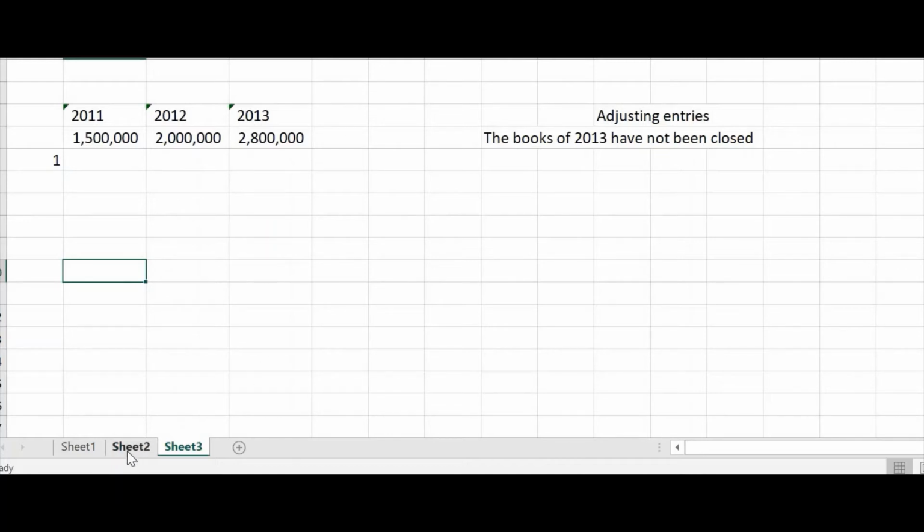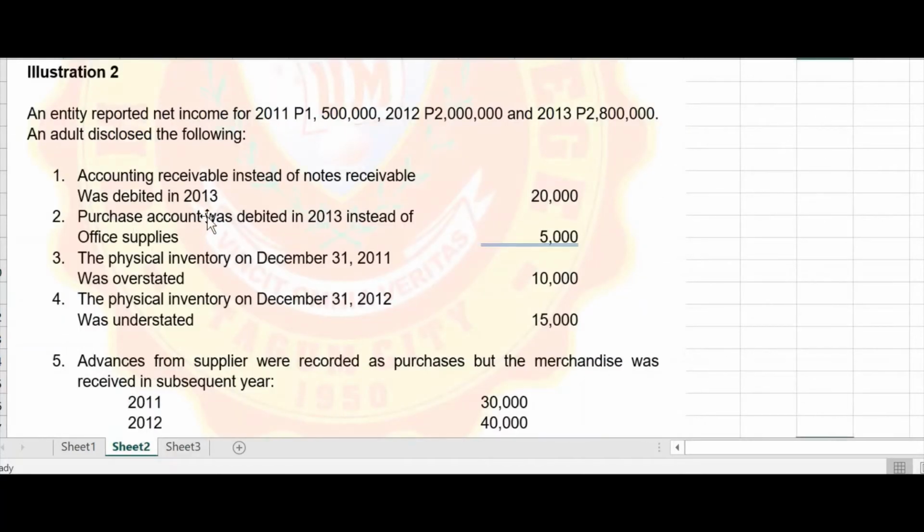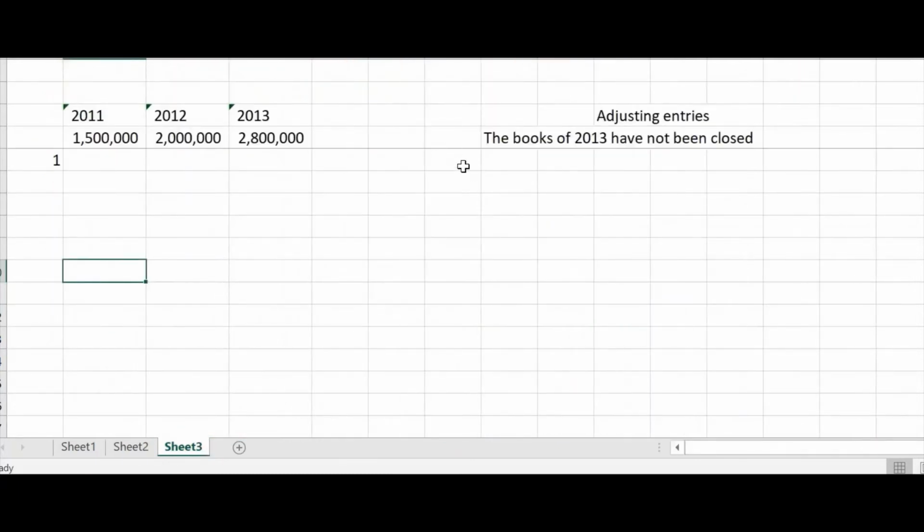So, since accounts receivable instead of notes receivable was debited, ang gawin natin, to adjust that, of course, is to debit notes receivable, credit accounts receivable. Kasi, di ba, accounts receivable was debited instead of notes receivable. Okay? So walang effect sa net income. That's for 20,000. Okay.